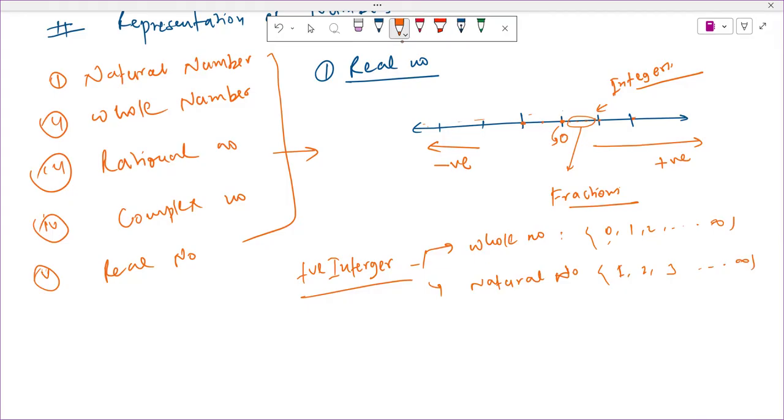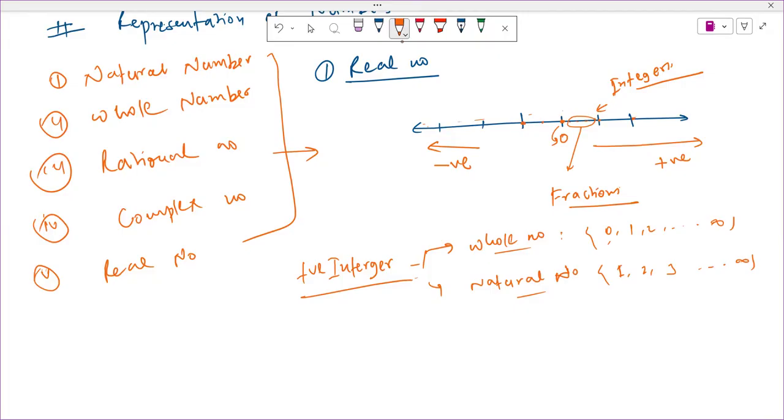So now you are aware of whole number, natural number, integer, positive integer, negative integer. What do you mean by fraction? If something comes in between two integers, that is your fraction. All these numbers can be represented on the real number line, so all these are parts of the real numbers.